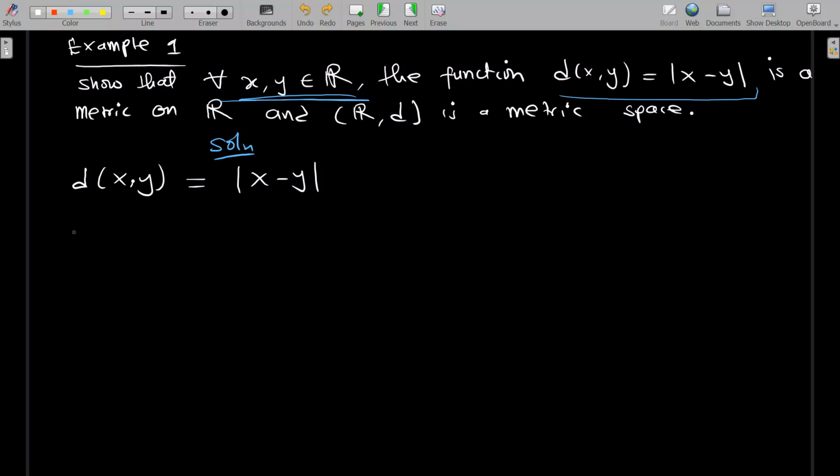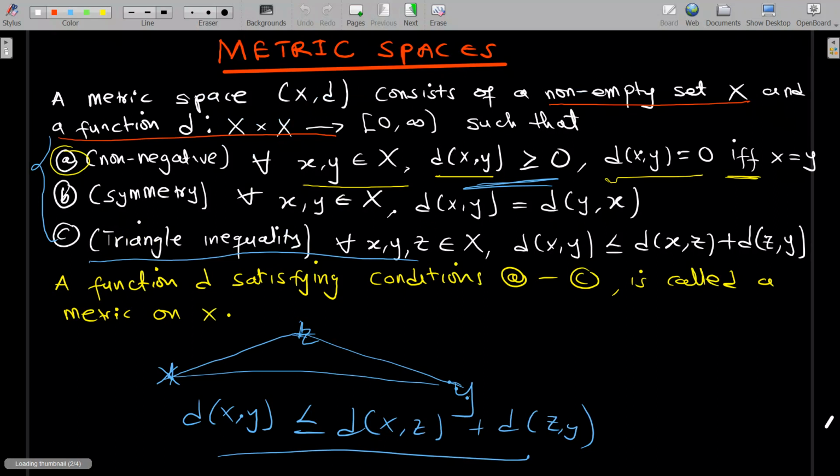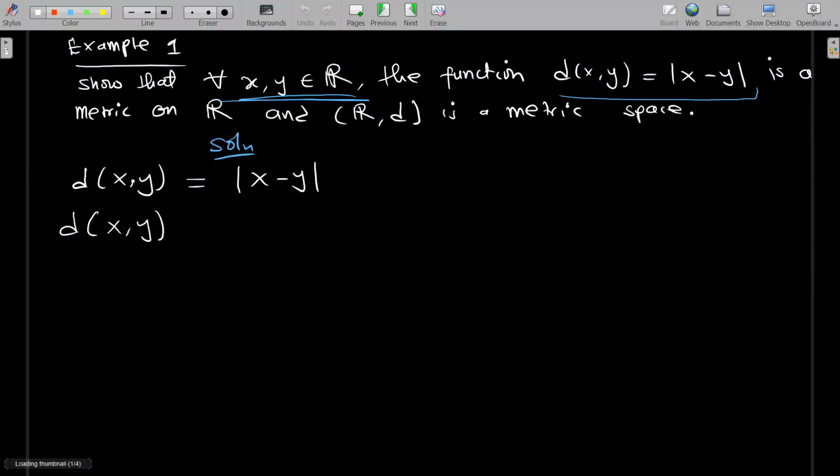Okay, so the first case is this: d of xy should be non-negative. That's the first point here. Okay, so is this true? Yes, this is true, because the absolute value of each number, if I pick, let's say, the absolute value of a, is always greater than or equal to 0.